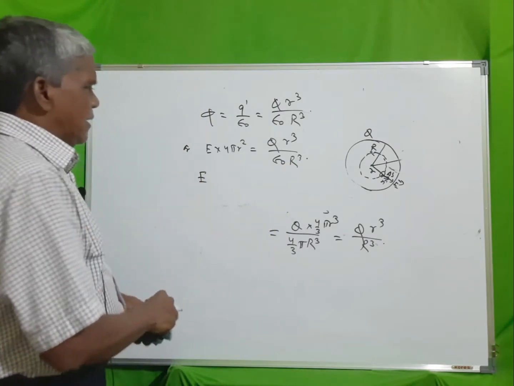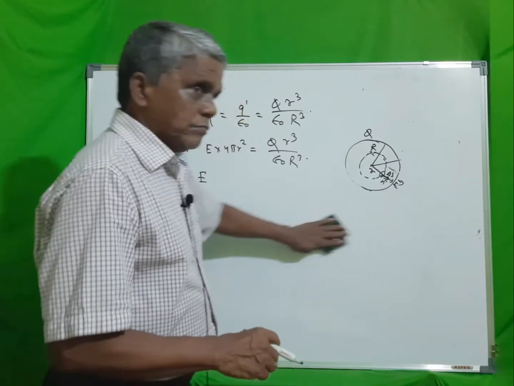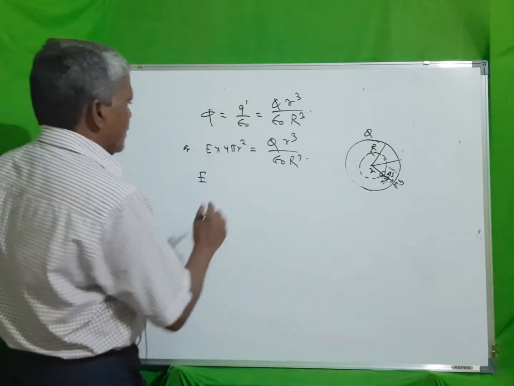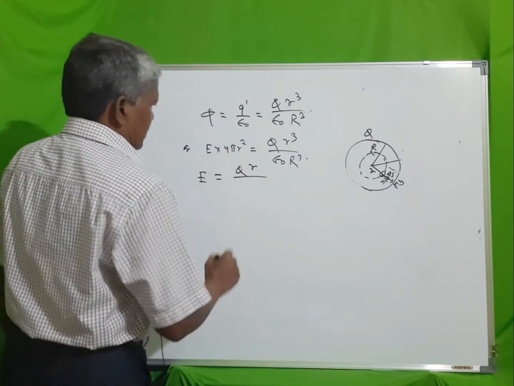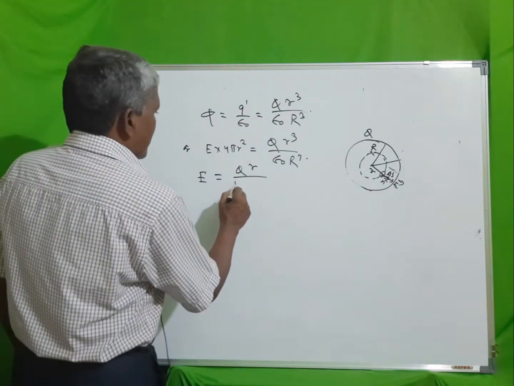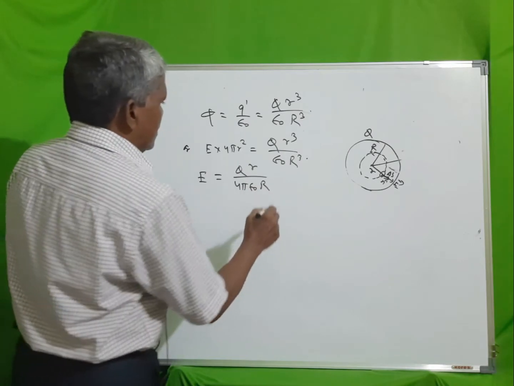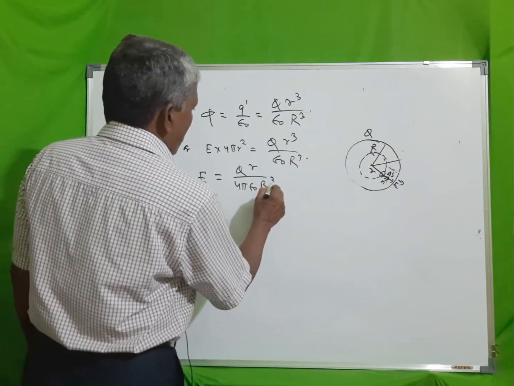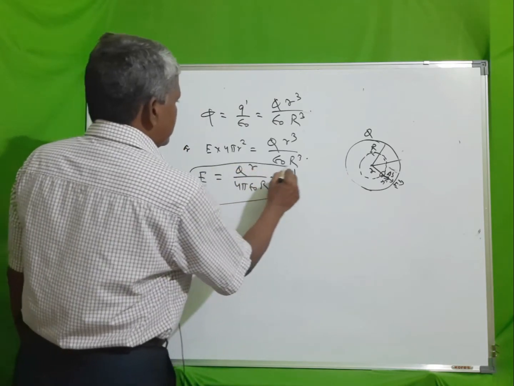Or the electric field E is equal to Q into r by 4 pi epsilon 0 capital R cube along the radius vector.